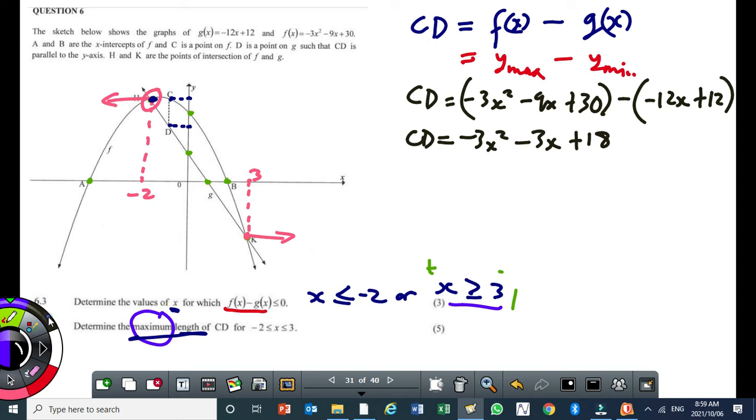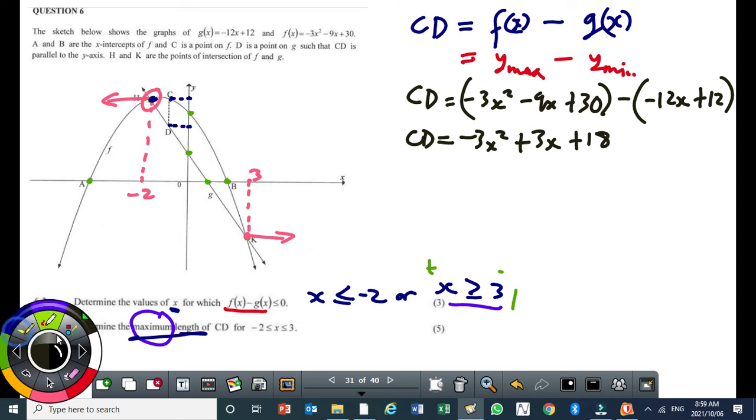Sorry, it's positive. Thank you for that observation. All right, so let's find the derivative. The derivative dCD over dx is going to be equal to minus 6x plus 3.